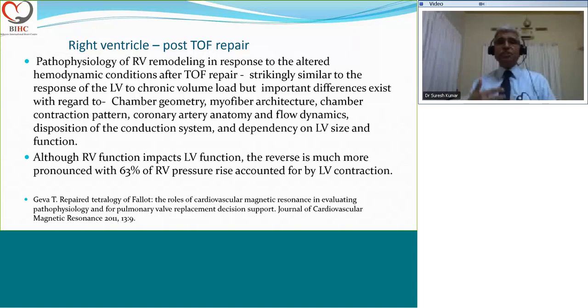You could say that RV function impacts LV function. In the normal situation, the reverse is much more pronounced, as much of the RV pressure rise is contributed by the LV contraction.